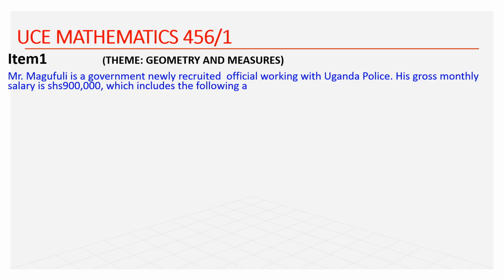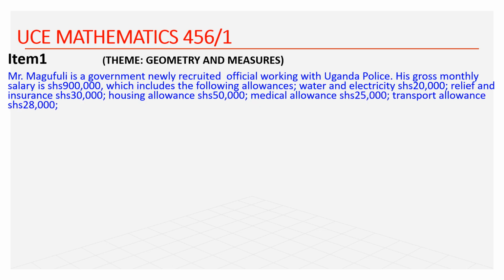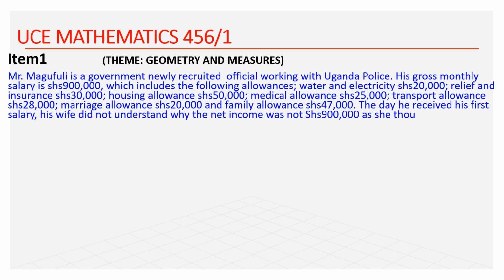His gross monthly salary is 900,000 shillings, which includes the following allowances: water and electricity, 20,000 shillings; relief and insurance, 30,000 shillings; housing allowance, 50,000 shillings; medical allowance, 25,000 shillings; transport allowance, 28,000 shillings; marriage allowance, 20,000 shillings; and family allowance, 47,000 shillings.